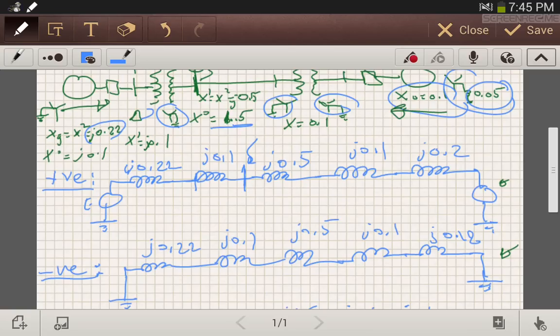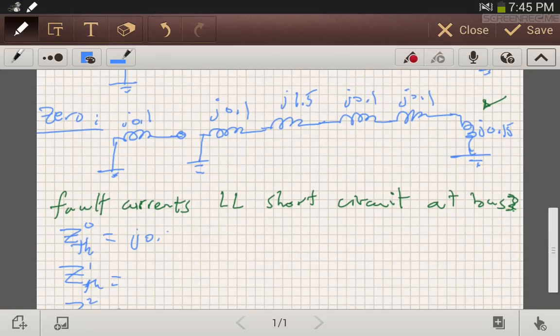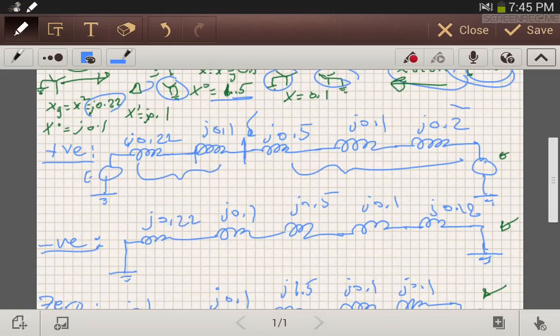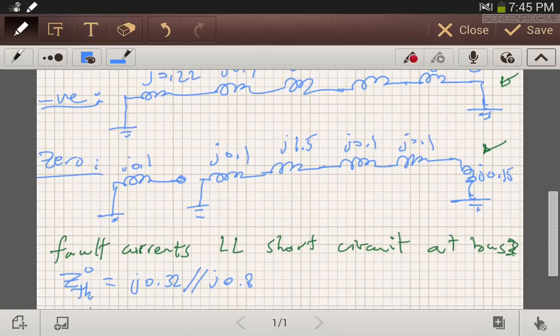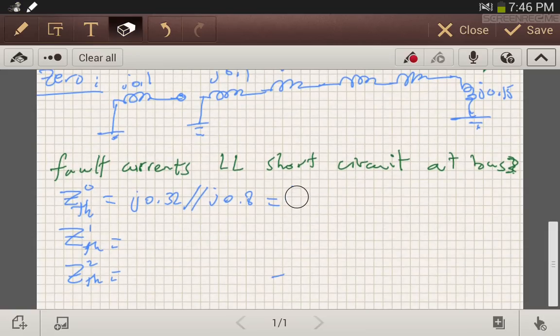So the Thevenin equivalent will be, these are in series, and then it's in parallel, so it will be J.32 parallel with J.8, which is this plus this plus this, 0.5 plus 0.1 plus 0.2, and it will give me J.2286.